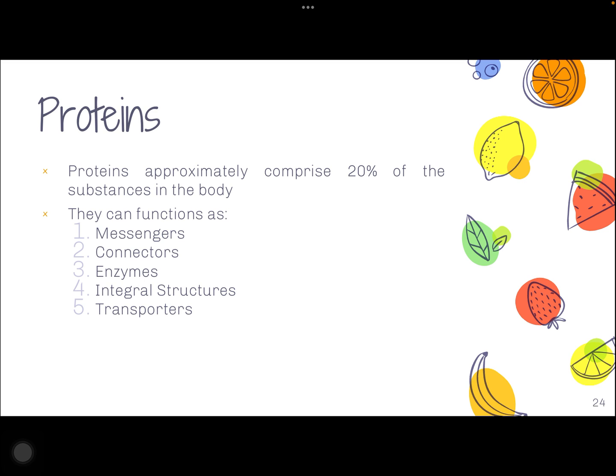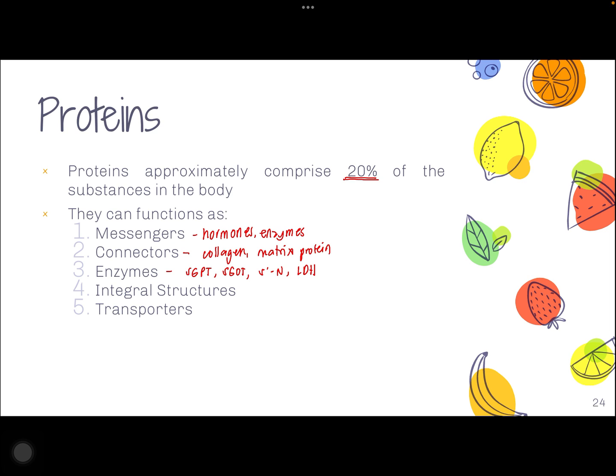Proteins comprise approximately 20% of the substances in the body. They function as messengers such as your hormones, enzymes, and connectors such as collagen and matrix protein. Enzymes include your famous SGPT, SGOT, 5' nucleotidase, and LDH, lactate dehydrogenase.